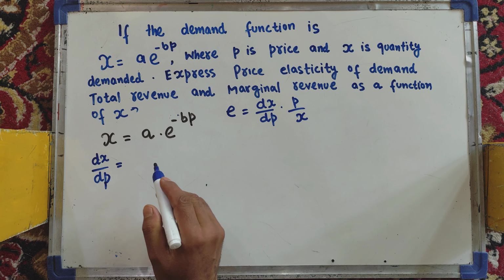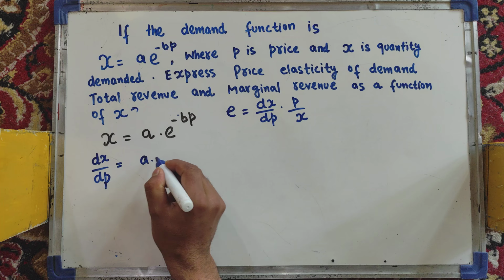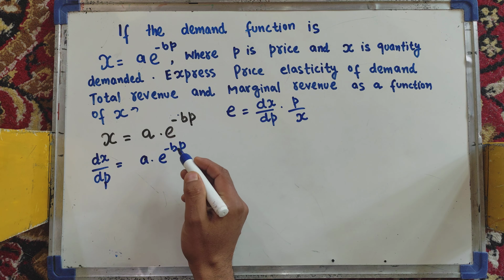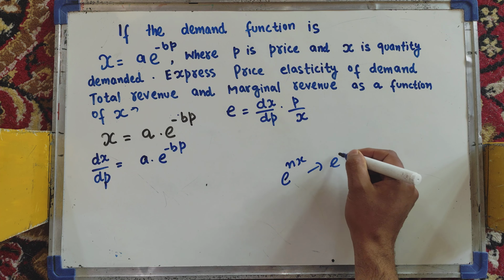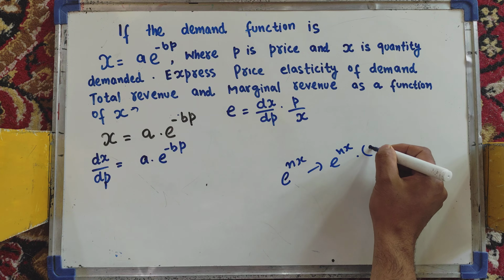So dx upon dp of this function, we have a times e raised to the power minus bp. The derivative of an exponential function is, if we have e raised to the power nx, its derivative is simply e raised to the power nx times the derivative of the exponent. So the derivative of x is 1 times n here.